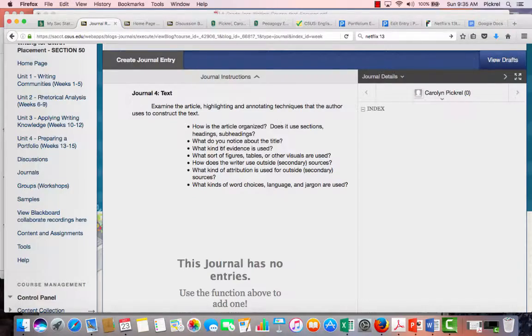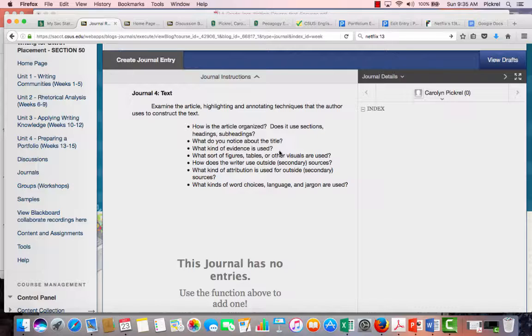The next question, after you look at what types of evidence are used, and I think depending on the type of article it is, what sort of academic area it's in, different kinds of evidence are appropriate. A lot of times I think in education articles, case studies or student samples and information are a type of evidence used.